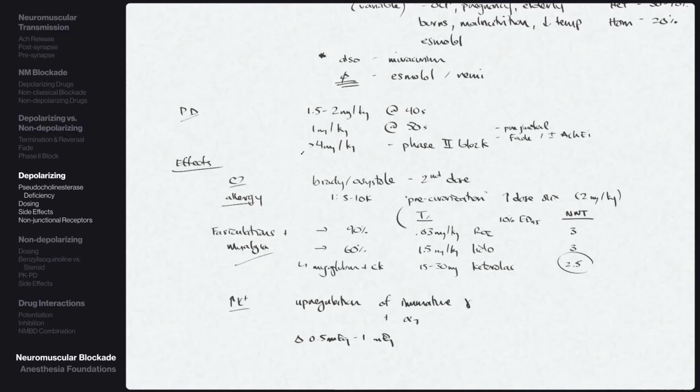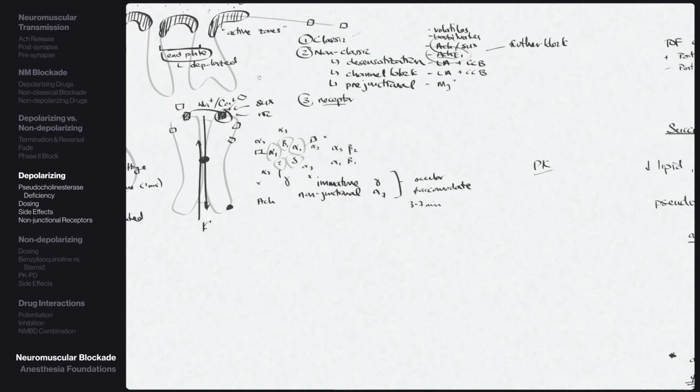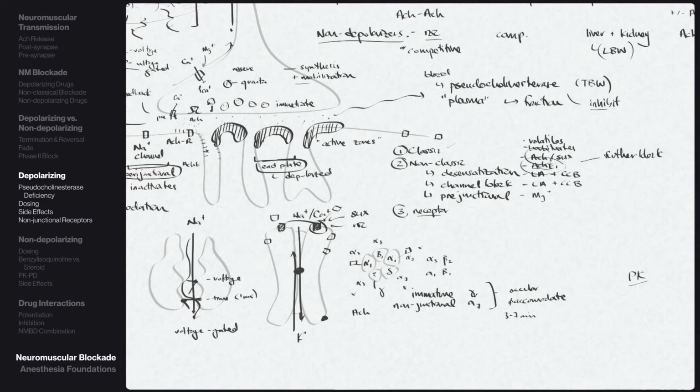So let's talk a little bit more about that by going back to our cell. We know that we have these immature gamma receptors and non-junctional alpha 7 receptors, and both of these can potentially be upregulated in these non-junctional spaces. For our immature gamma receptors, these are receptors that are created at the time of fetal development, but then turn into mature, more stable receptors that change from this gamma subunit to this epsilon subunit.